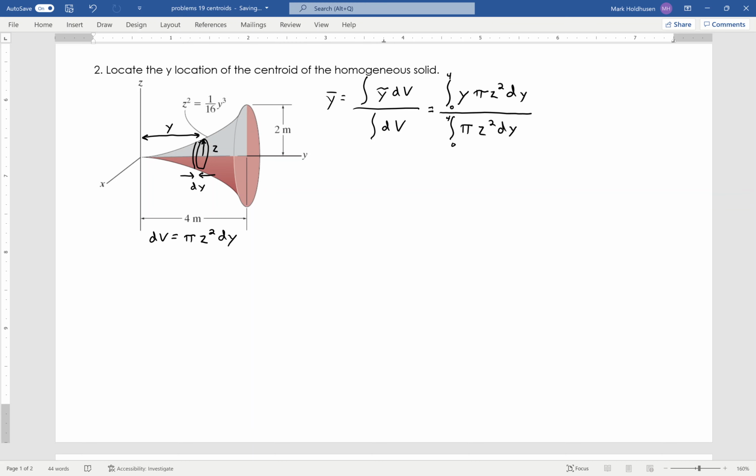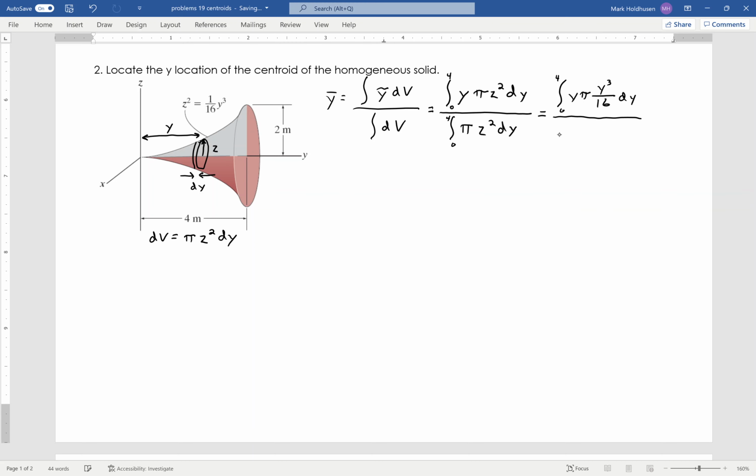Now, of course, I know z squared is given to me as y cubed over 16. So I can just substitute that in, and I get the integral from 0 to 4 of y times pi times y cubed over 16 dy.